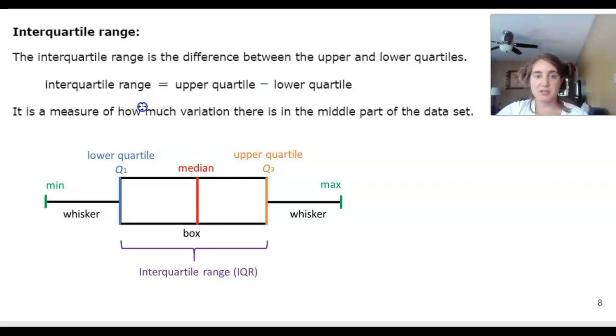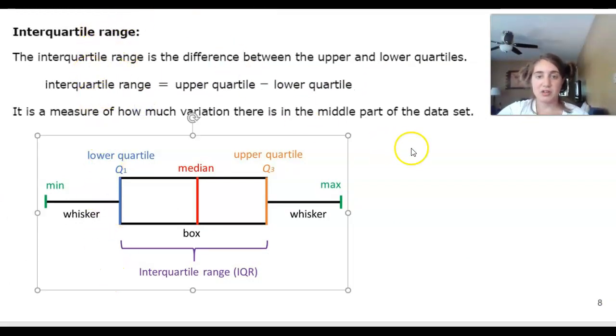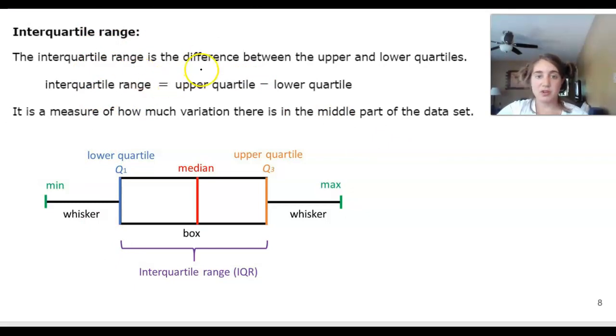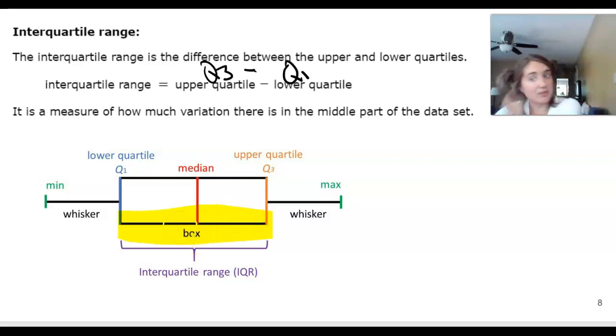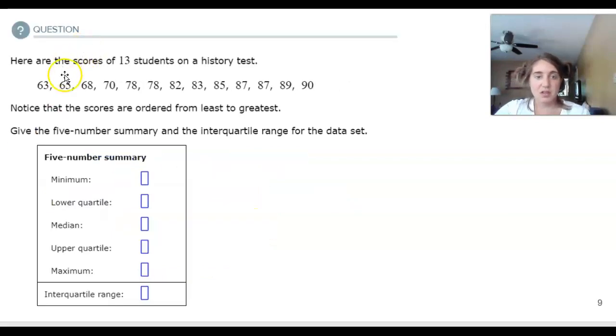With our box and whisker plots, we have this idea of an IQR, the interquartile range, or Q3 minus Q1. So it's like this whole amount. It wants to know basically the range of the middle 50%. So here's a set of numbers. It would like to know the 5-number summary for that. So I can look at this. I see that my min is 63. My max is 90.